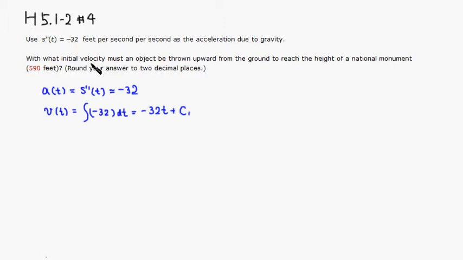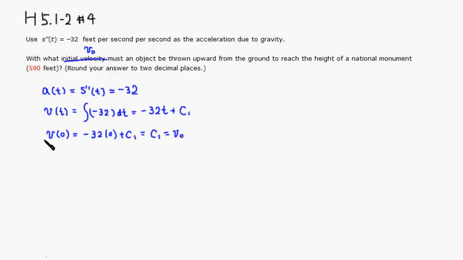All right, so let's find C1. Since we're looking for the initial velocity, we usually use V0. So V of 0 is equal to, plugging in 0, negative 32 times 0 plus C1, which is just C1. That's equal to V0, right?